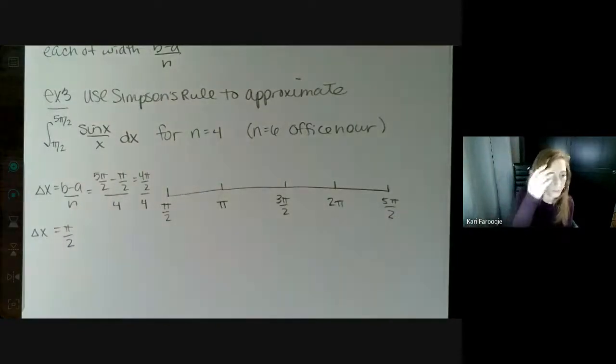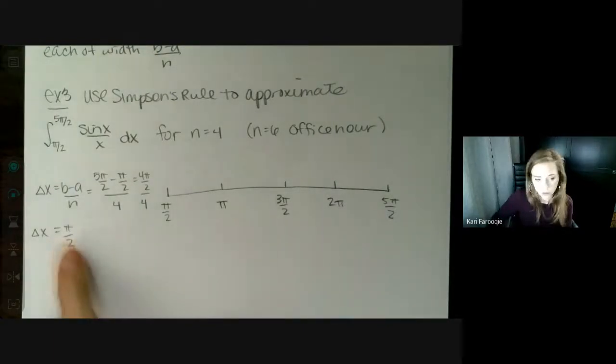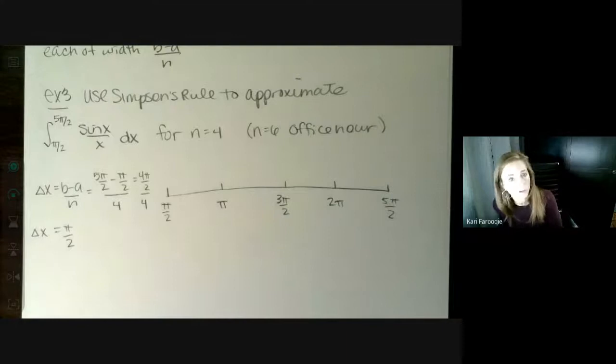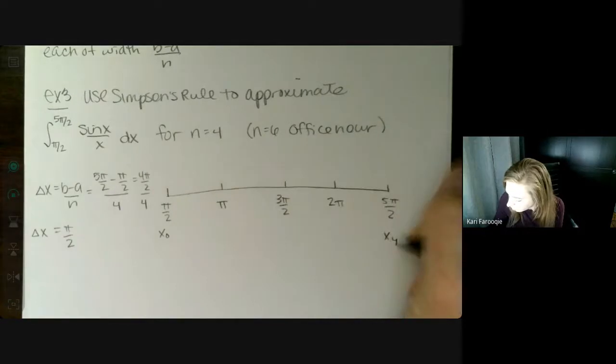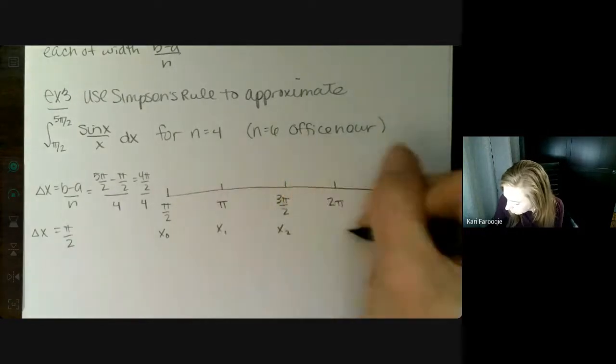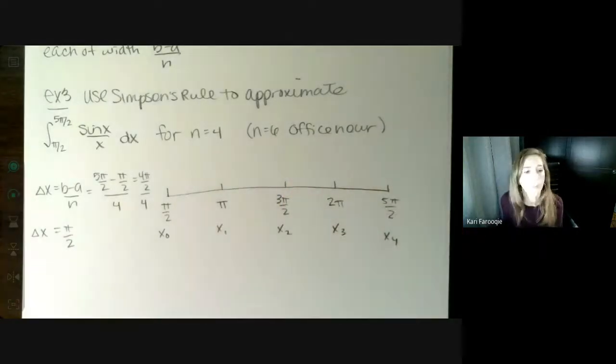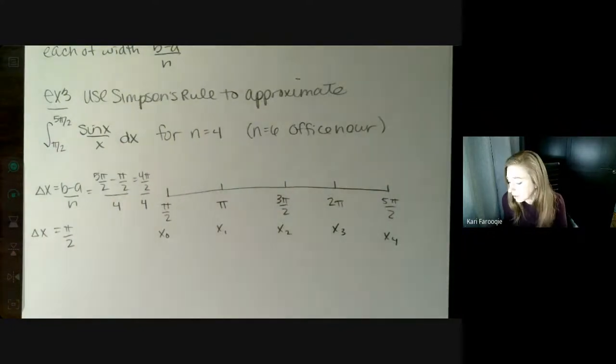So you've got a bunch of different options for how to split these up. If you want to be very precisely mathematical about it, you can always use this formula for delta x. But this is your x sub naught, x sub 4, x sub 1, 2, 3. And now you just need those function values.